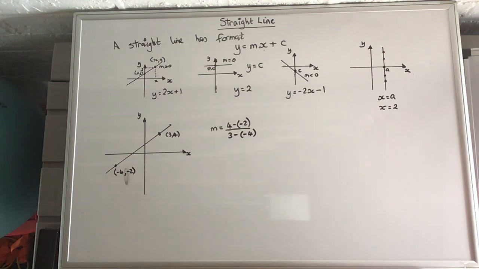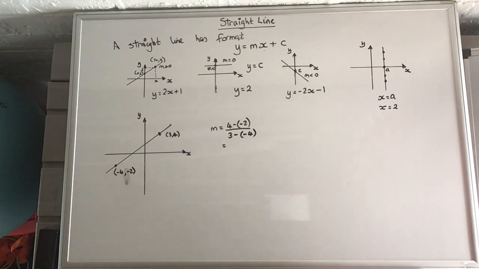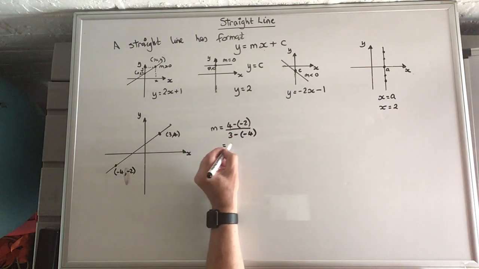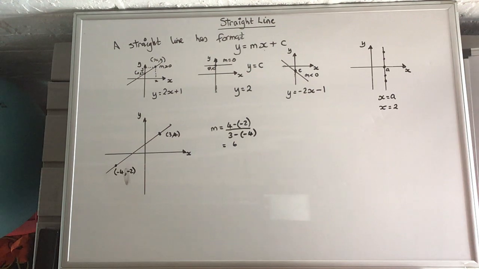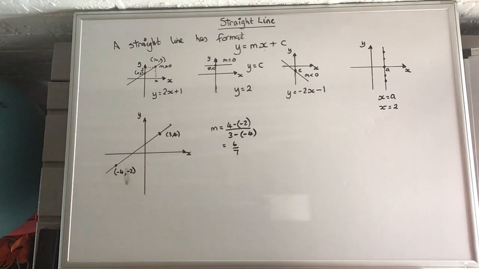Okay, so working that through, again before we actually work it out, it needs to be a positive gradient, so that's going to give me 6. And that's going to give me 7 in the bottom, so 6 over 7. So the gradient is 6 over 7.